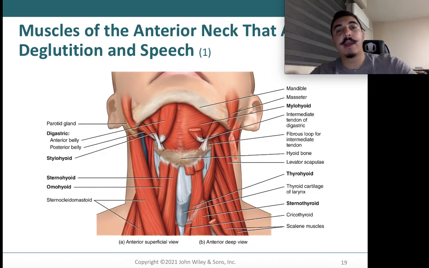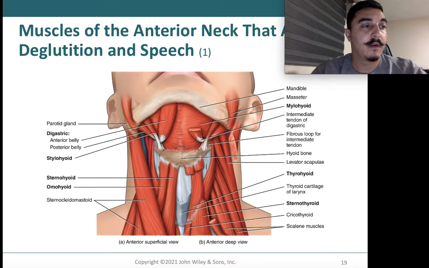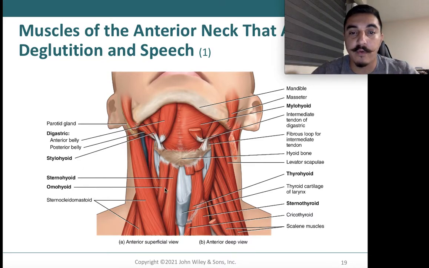Muscles of the anterior of the neck that help with deglutition, so kind of passing the stuff down to our stomach. Okay, the digastric, so it's gonna elevate. So here's our little hyoid bone in the middle. Our digastric has an anterior belly and a posterior belly, so it's gonna help move that hyoid bone.